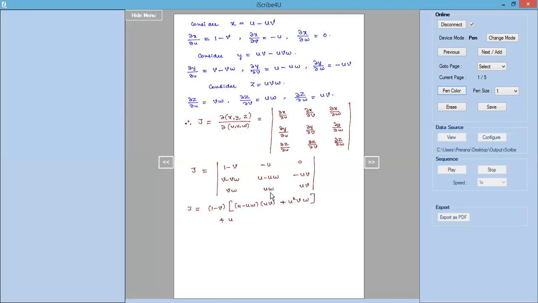So this gives us plus u into, leaving that second column and the first row, v minus vw into uv, minus of minus uv into vw. V minus vw into uv, minus of minus, plus uv square w.